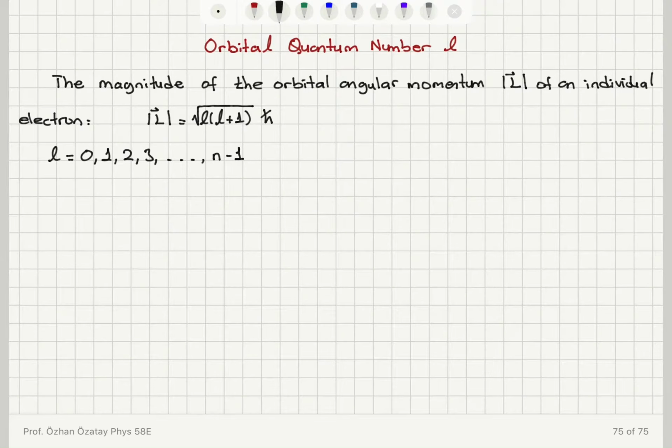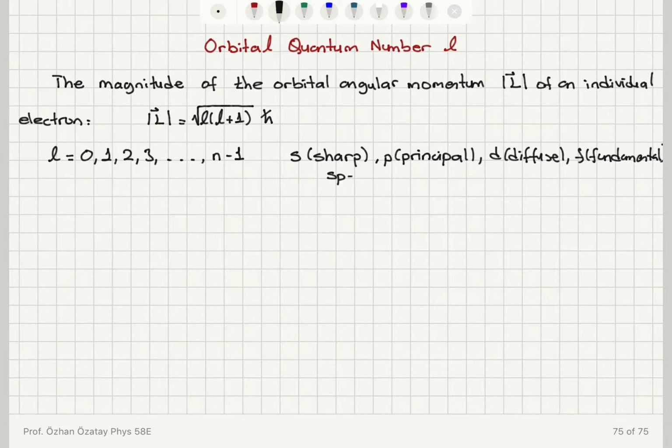Each L value has a name: S for sharp, P for principal, D for diffuse, F for fundamental. These are just spectroscopic names because of the way they look on the spectrum.